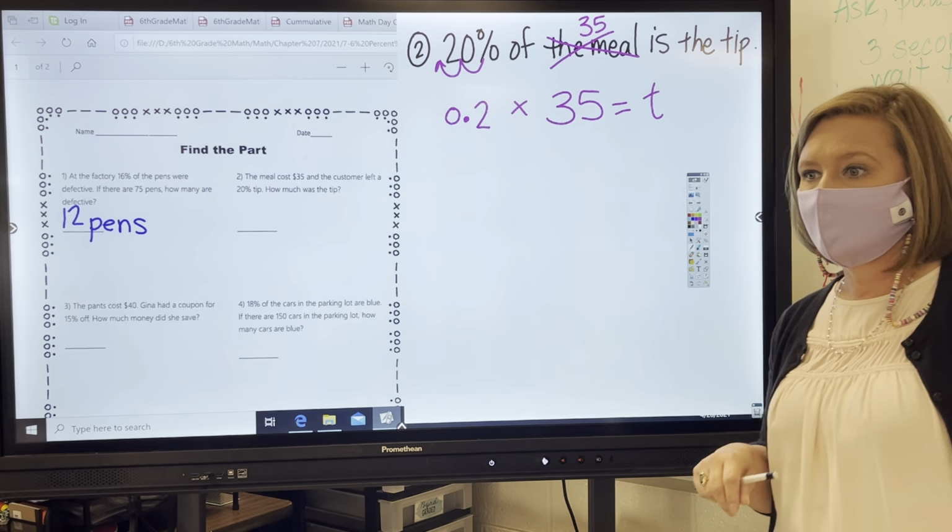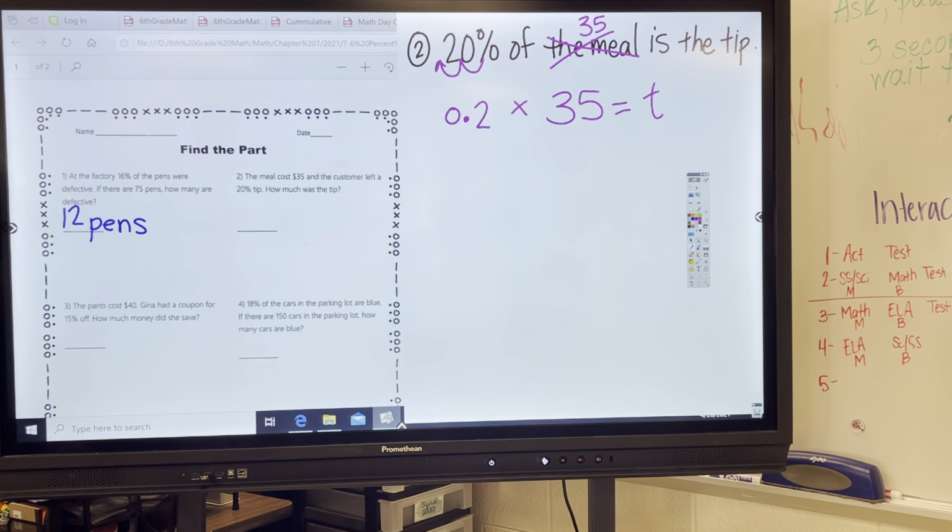I want you to do that. So how much is the tip?